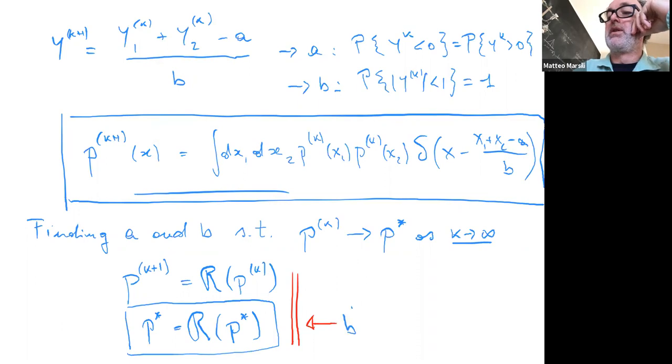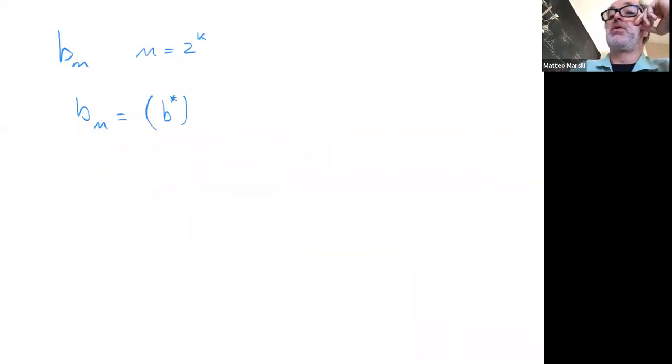So this would admit a solution, a fixed point which is non-trivial, for certain values B star and A star in this relation. And so the Bn would be just B star to the power k, multiplied k times.